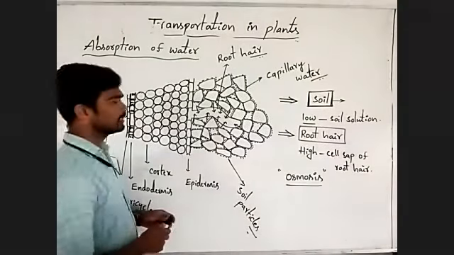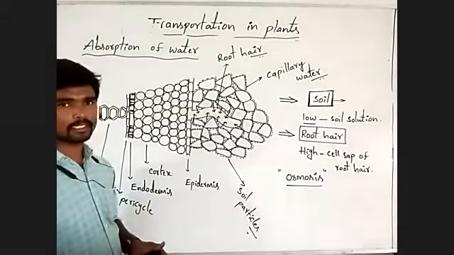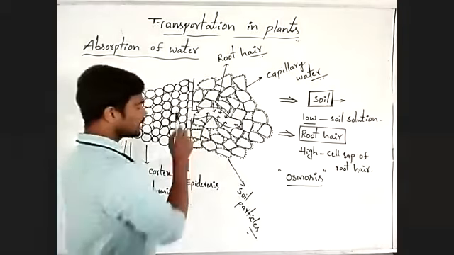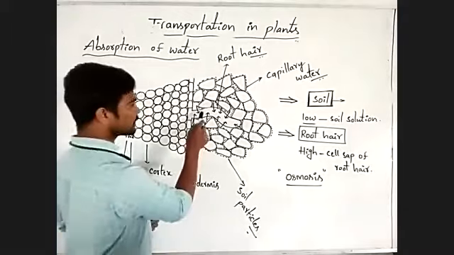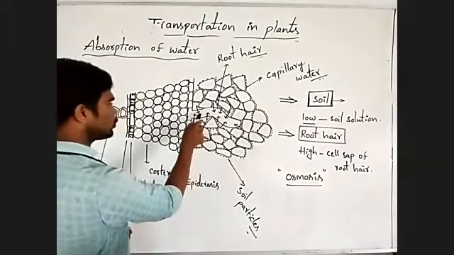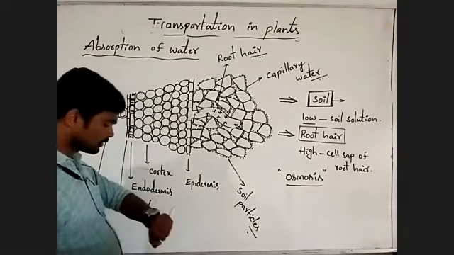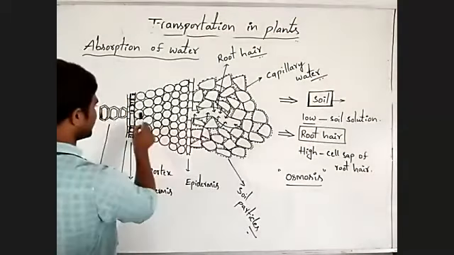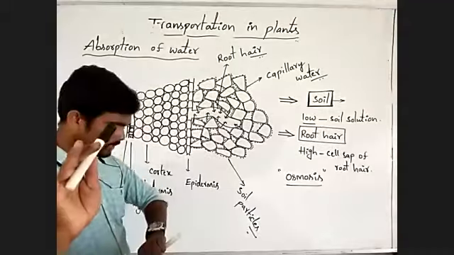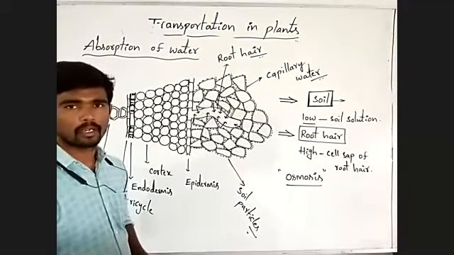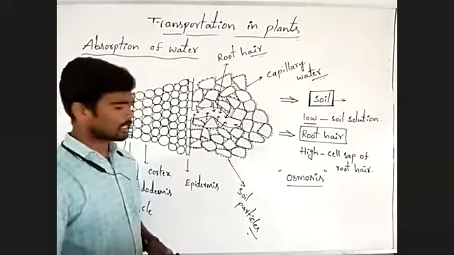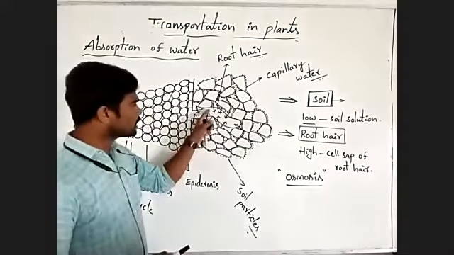Okay. Next, what will happen here? From the root hair, water has to be transported into the xylem. How can water transport into the xylem from the root hair?